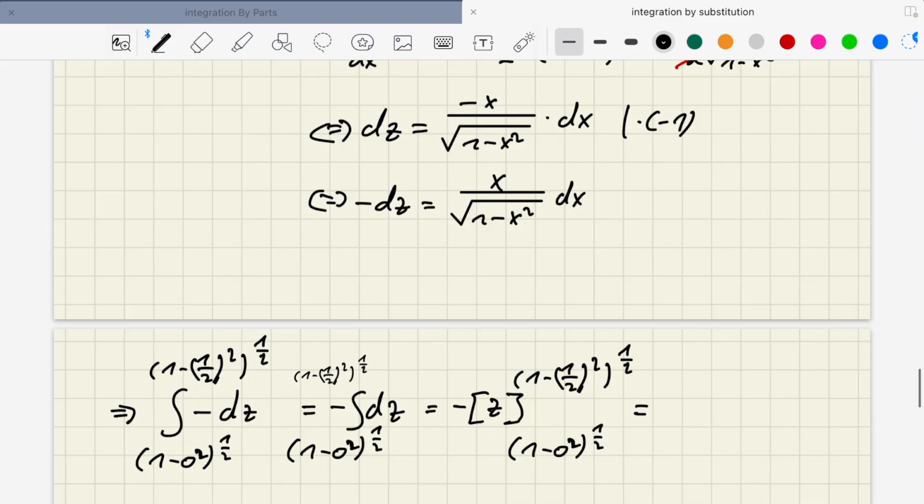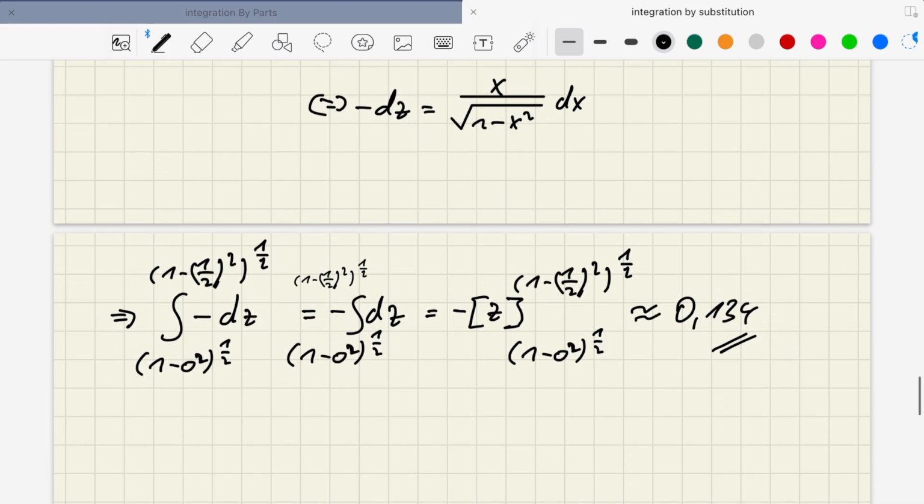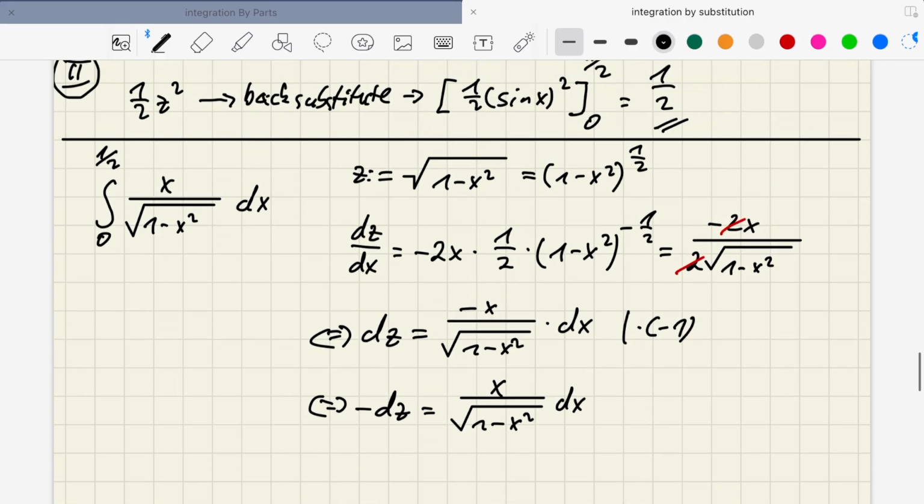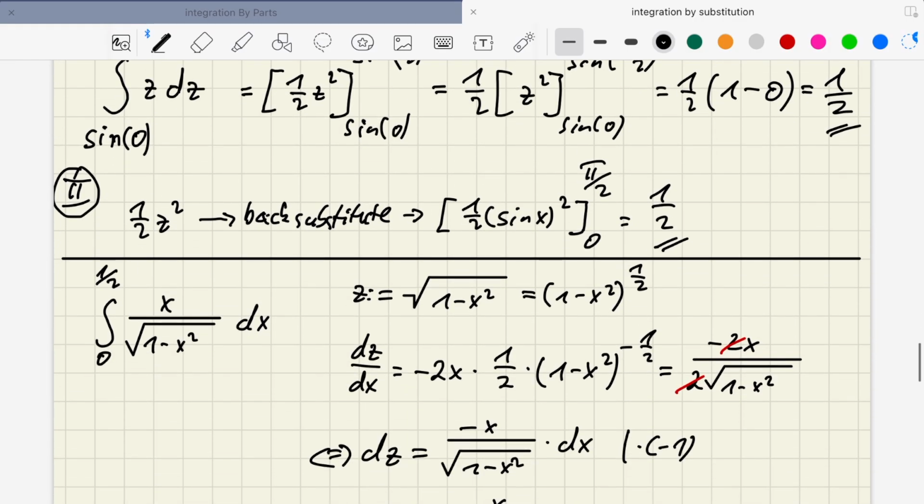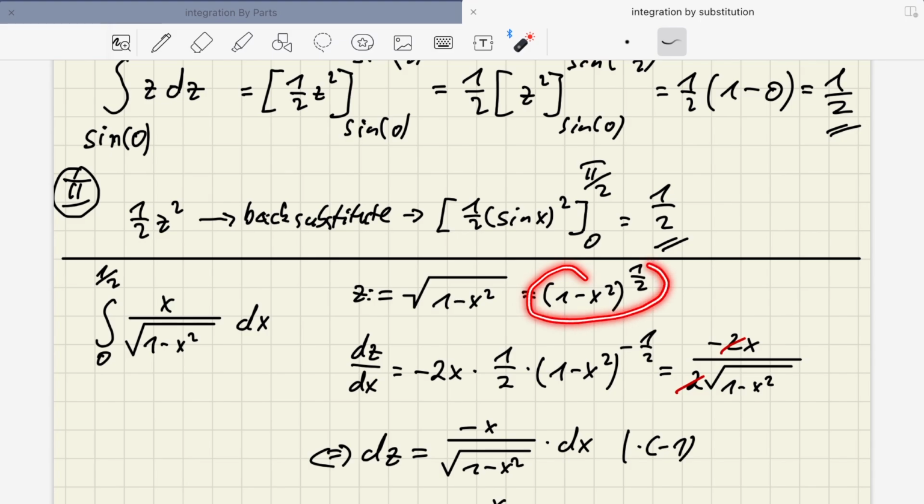And then this comes out to roughly 0.134. All right. This was the first option, where you put in your limits. You put your limits into your substitutional function, the function you substituted.